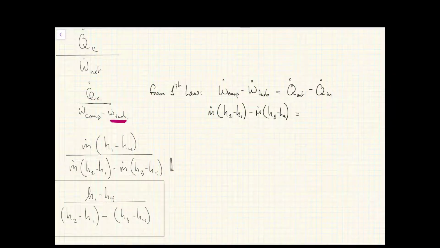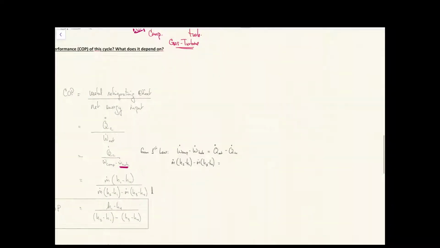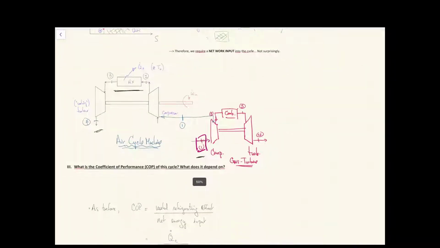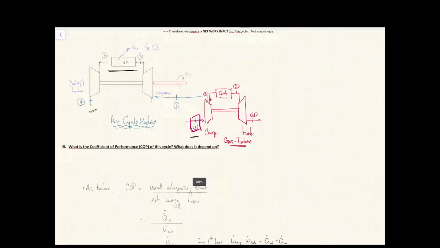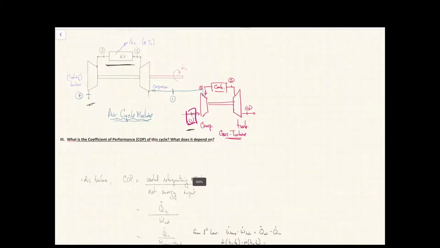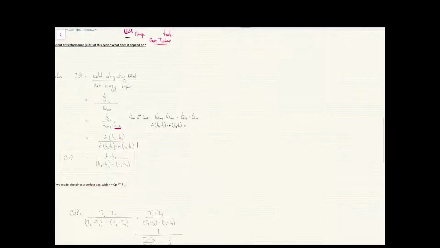Whereas if I'm looking at the heat being rejected minus the heat being added in, going back to our diagram here, Q out minus Q in. So Q out takes place between 2 and 3, and Q in, which in the ideal representation takes place between 4 and 1. That would be my Q in. So Q in is going to be m dot (H1 minus H4), and Q out is going to be m dot (H2 minus H3).